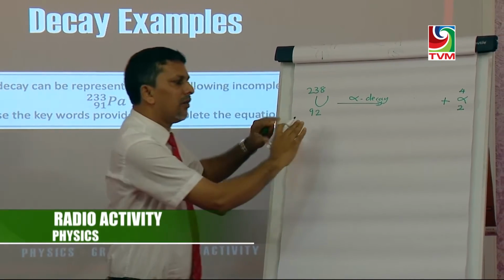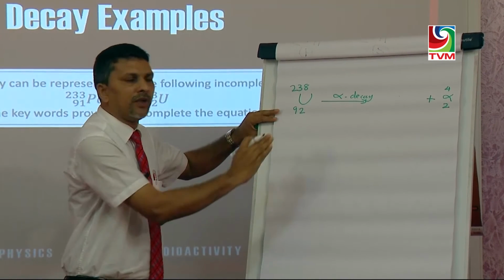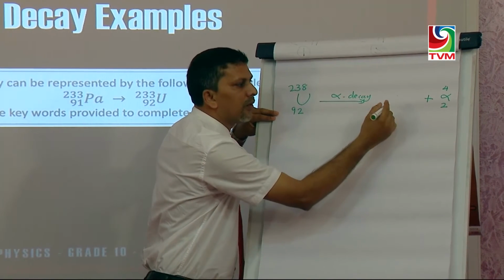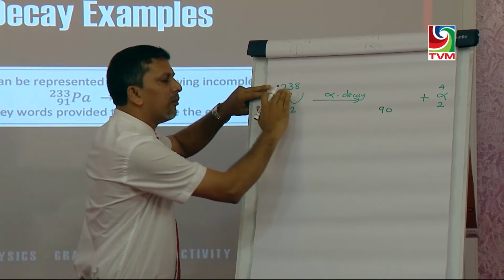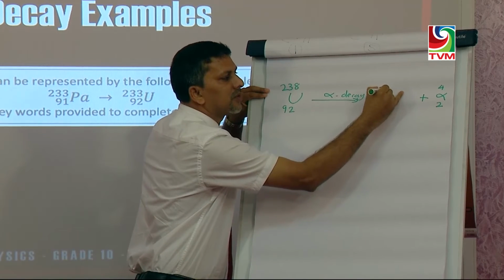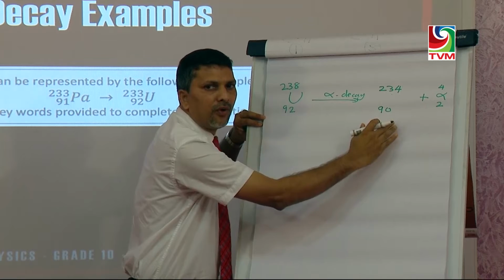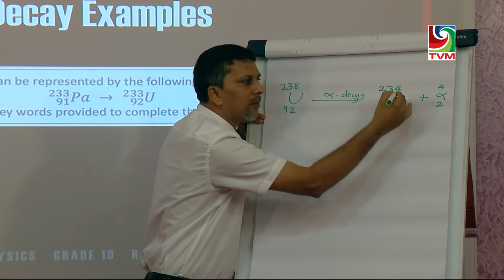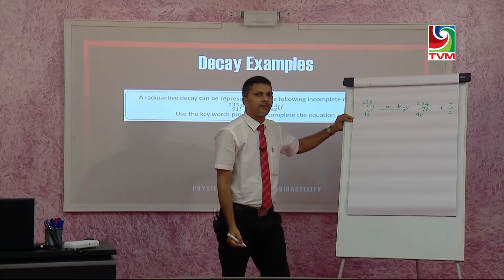And what about the new element's atomic number? We know that from 92, the atomic number decreases by 2, so it changes to 90, and the mass number decreases by 4, so it changes to 234, and this is the new element formed. Now look, here 92 is uranium and 90 is the new element. That element is thorium. Understand?